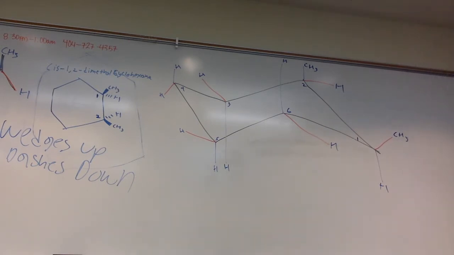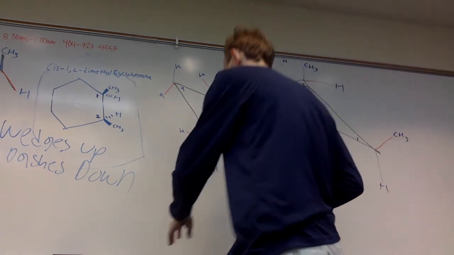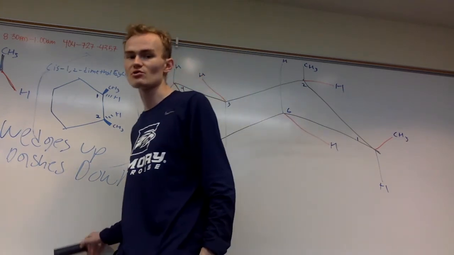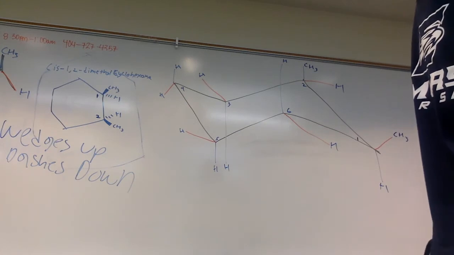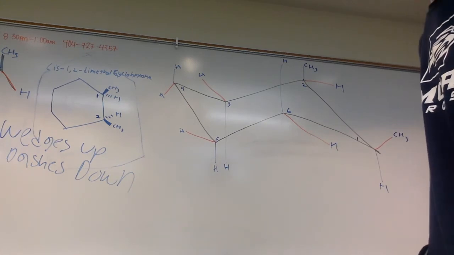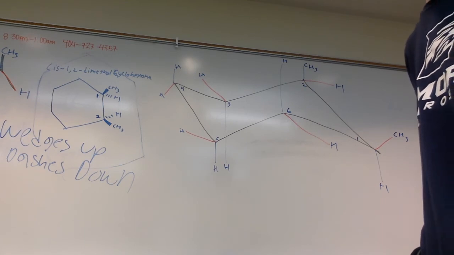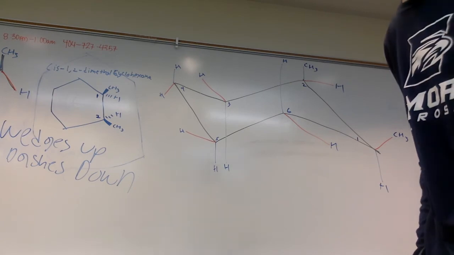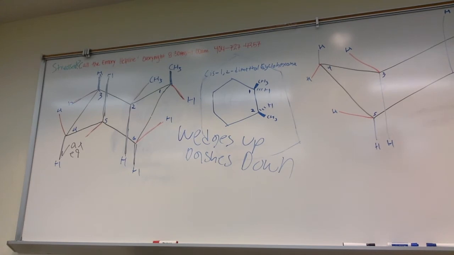Now, as far as stability is concerned, the idea is that they're both going to be equally stable, because regardless of which chair we're looking at, if we're looking at this one, we see that there's an axial methyl group and an equatorial methyl group, and when we go over here, we see that there's an axial methyl group and an equatorial methyl group.